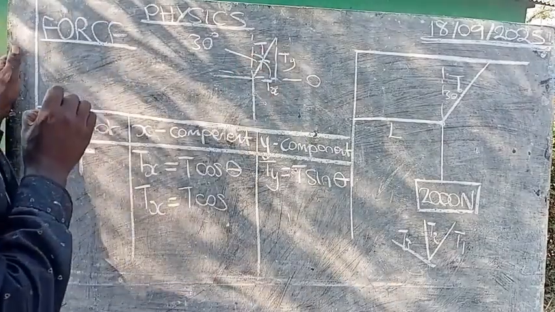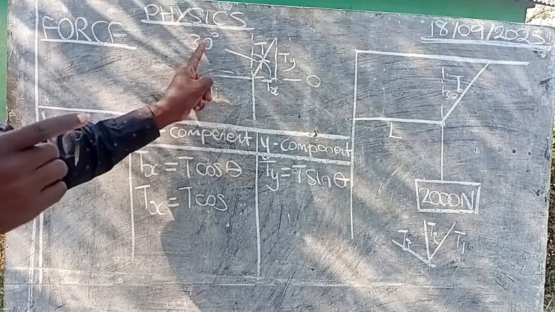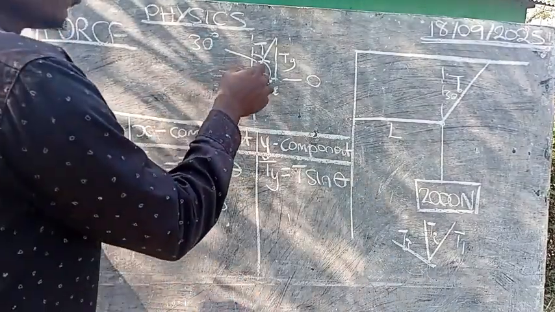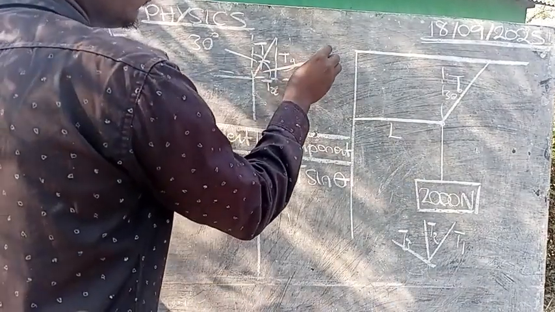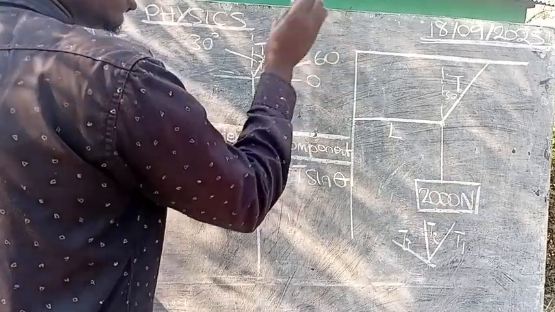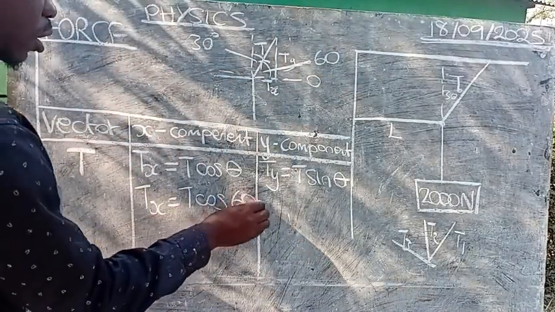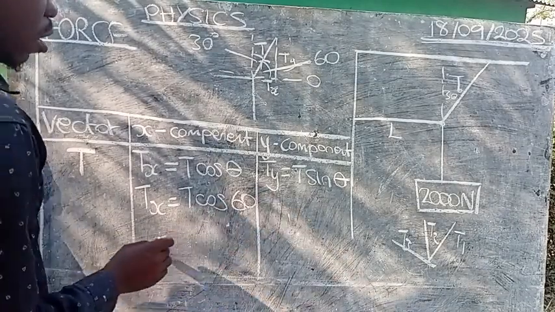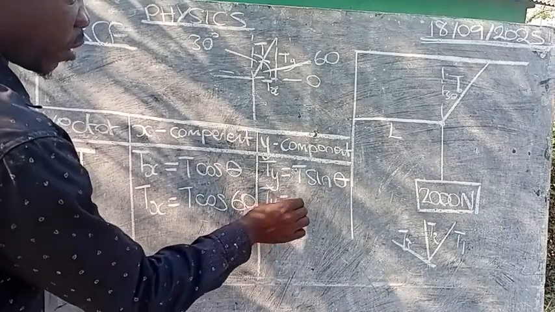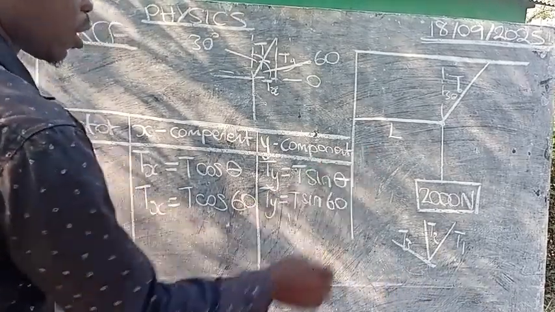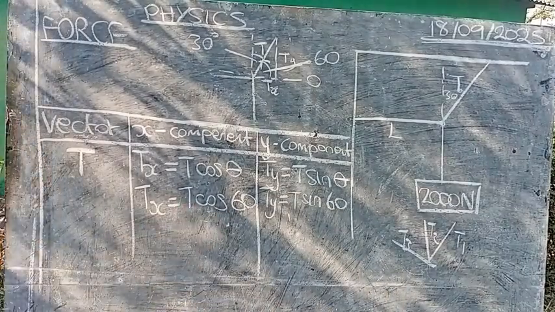Since we have 30 degrees given, we shall subtract 30 from 90 so that we know this angle, which is 60. Clear? So Ty will be equal to T sine 60. When you punch, what are we getting?